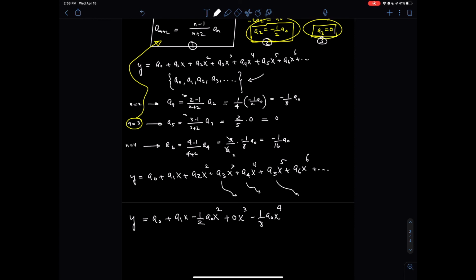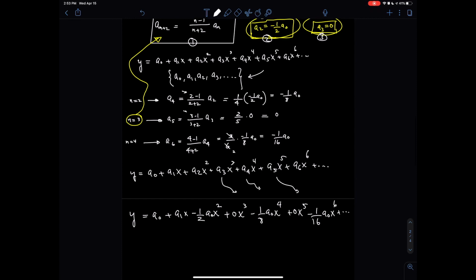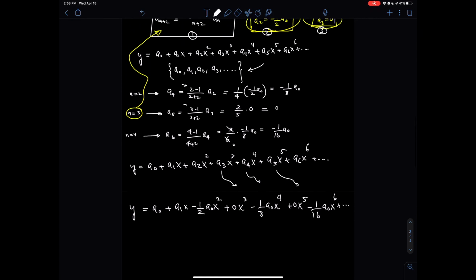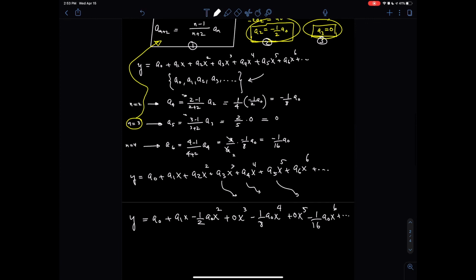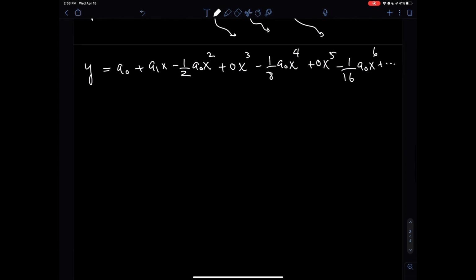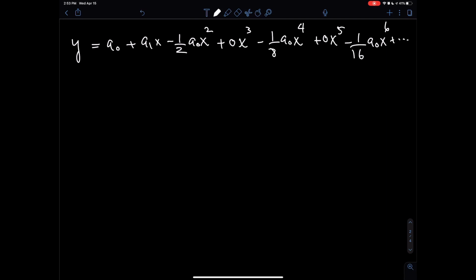Now we're on a5, which is 0, so plus 0 x to the fifth, and then plus a6 is minus 1/16 a naught x to the sixth plus so on. So there we go. We have everything we need. Let me magnify it a bit more. So that's where we're at.